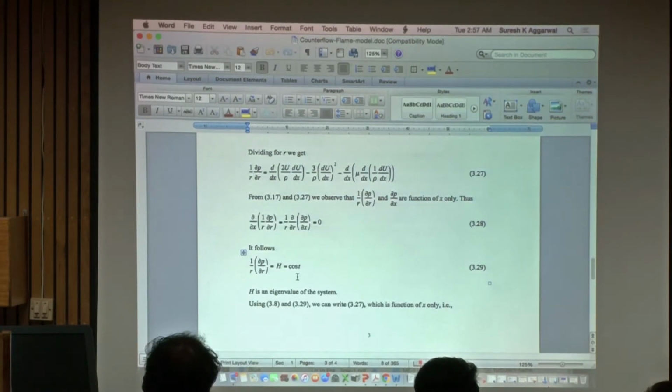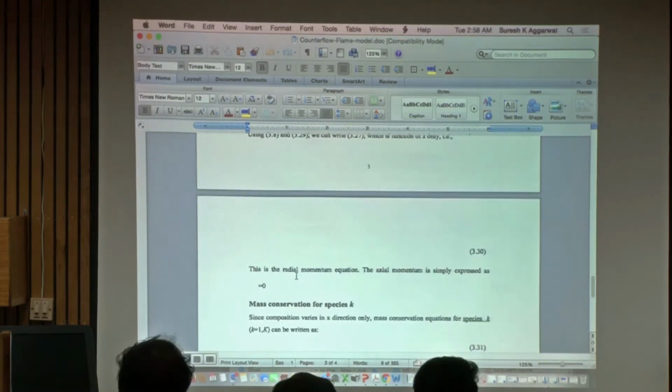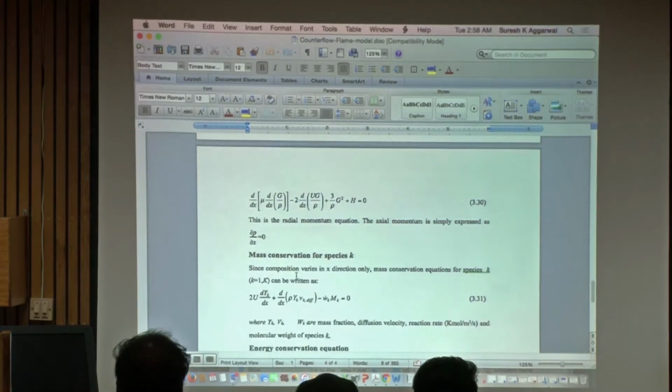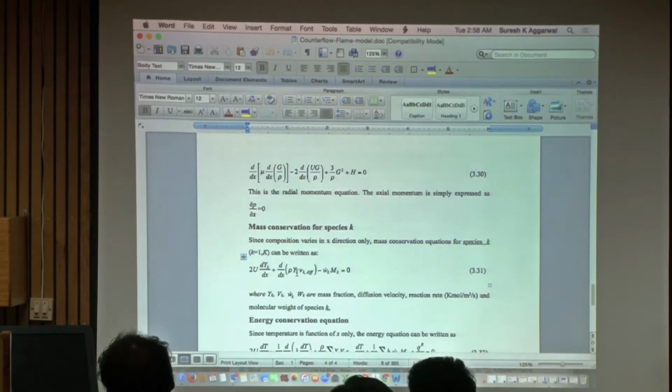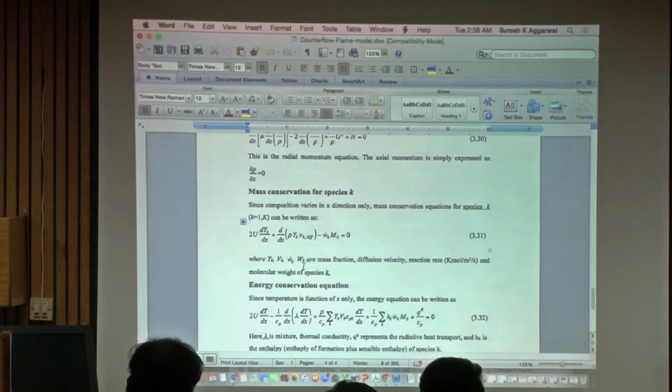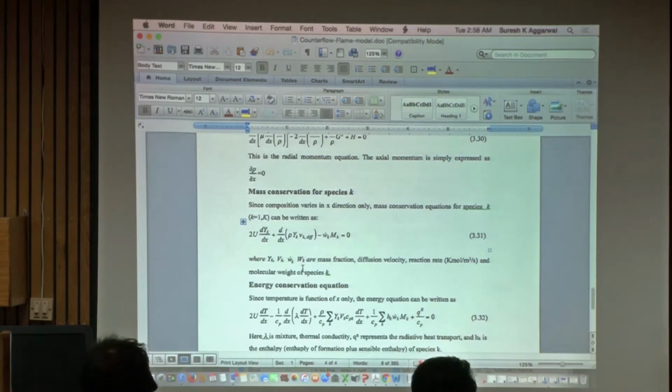So this becomes like the radial momentum equation. And now the species equation. Okay. So species equation for any species k becomes like this. You see now it's an ordinary differential equation.